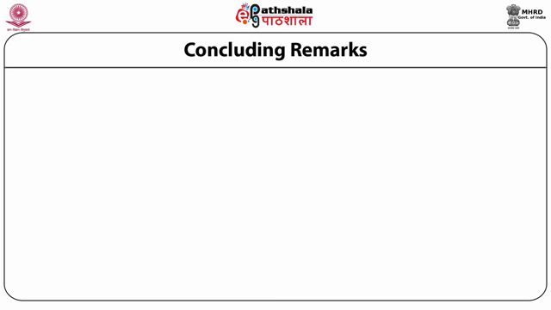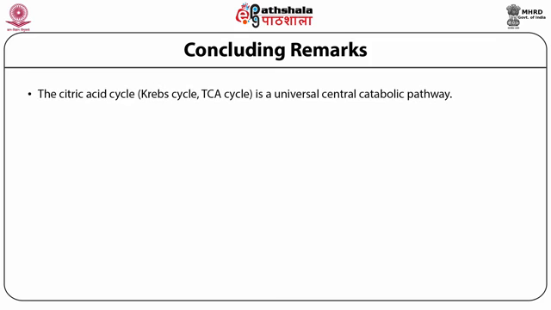If we see the concluding remarks, the TCA cycle, also known as the citric acid cycle, is a universal central metabolic pathway in which compounds derived from the breakdown of carbohydrates, fats, and proteins are oxidized to carbon dioxide, with most of the energy of oxidation temporarily held in the electron carriers FADH2 and NADH.